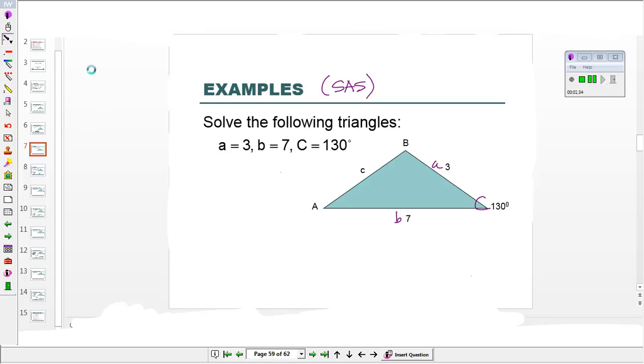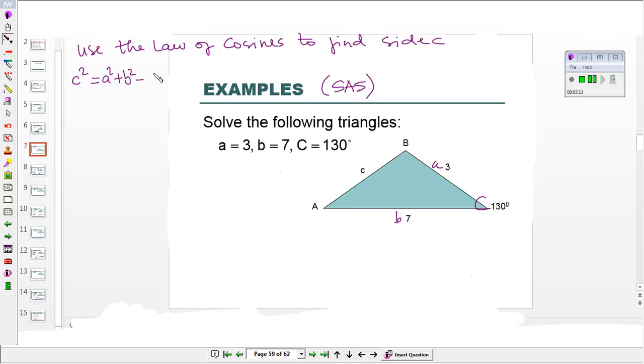So therefore I will make a note right here. Use the law of cosines to find side C. So c squared equals a squared plus b squared minus 2 times a times b times cosine of the angle C. So we will solve for c, so therefore you square root both sides.